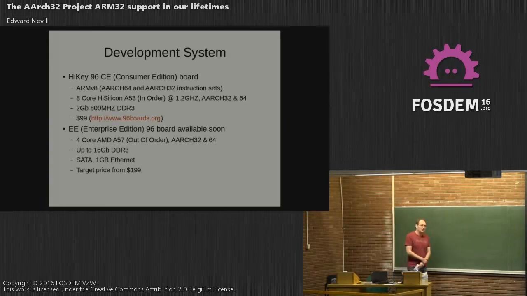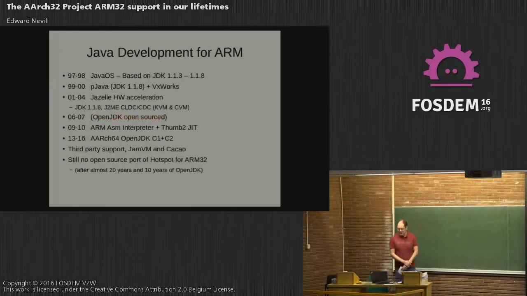So there's been a long history of Java development on ARM, starting in 97, 98. The timescales are approximate. We started with JavaOS, which was based on JDK 1.1.3 through to 1.1.8. Then we ported PersonalJava on top of VxWorks, based on 1.1.8.